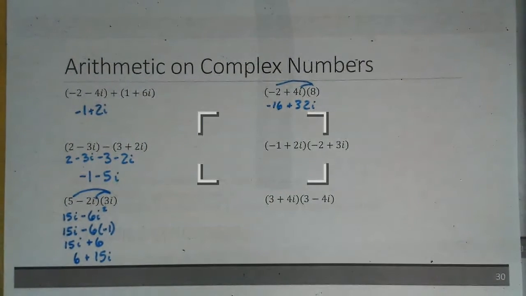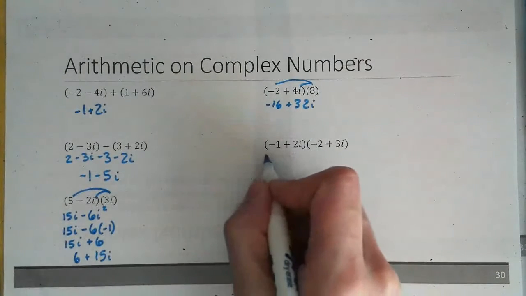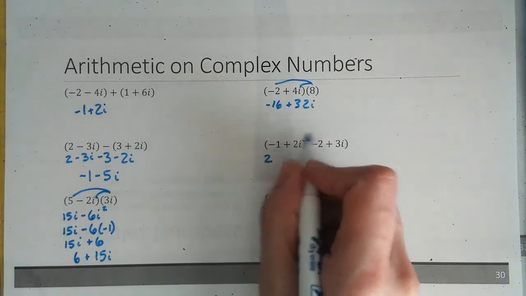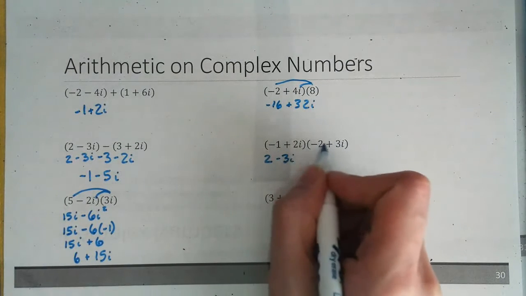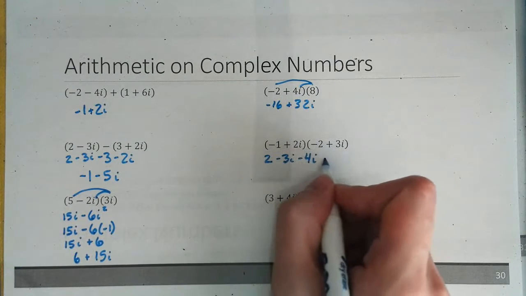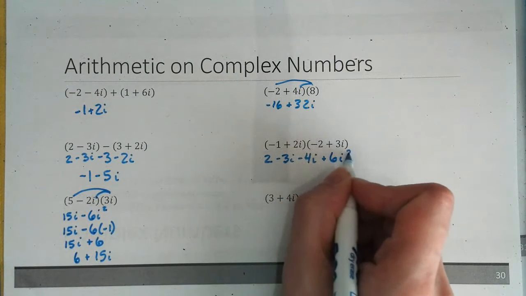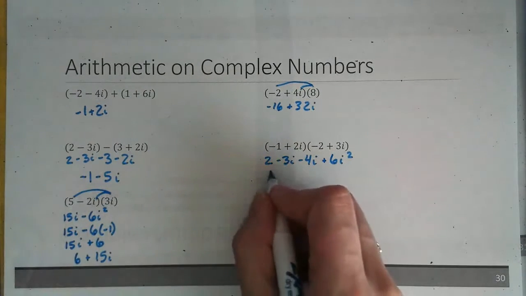Then I have (-1 plus 2i) times (-2 plus 3i). I'm going to FOIL this. -1 times -2 is +2. -1 times 3i is -3i. 2i times -2 is -4i. 2i times 3i is 6i squared. I'm going to combine my like terms.